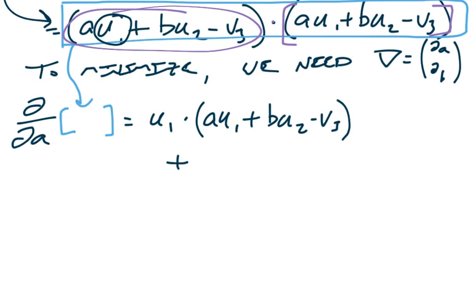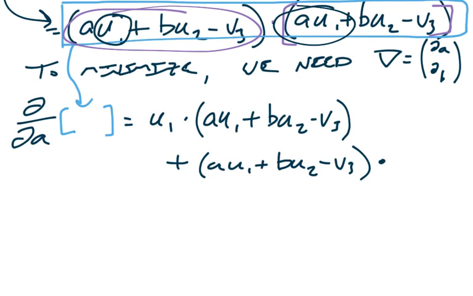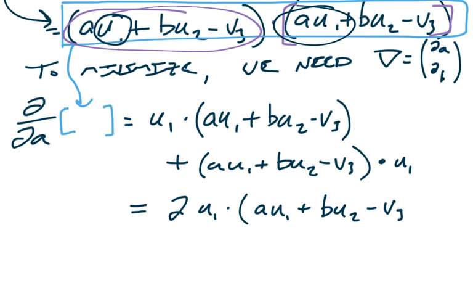And now add the first thing left alone, which is AU1 plus BU2 minus V3, dotted with the derivative with respect to A of this term here, which is just going to return U1. And notice that these two terms are really saying the exact same thing, just dotted in different orders, but the order in which you dot things doesn't matter. So this is really the same thing as 2 U1 dotted with AU1 plus BU2 minus V3.